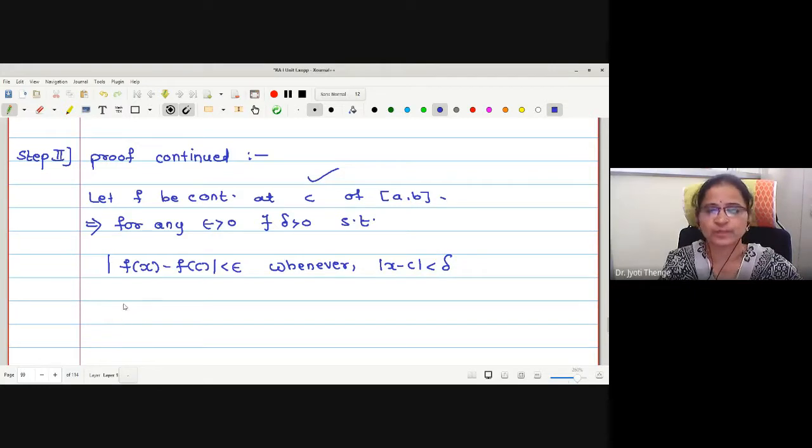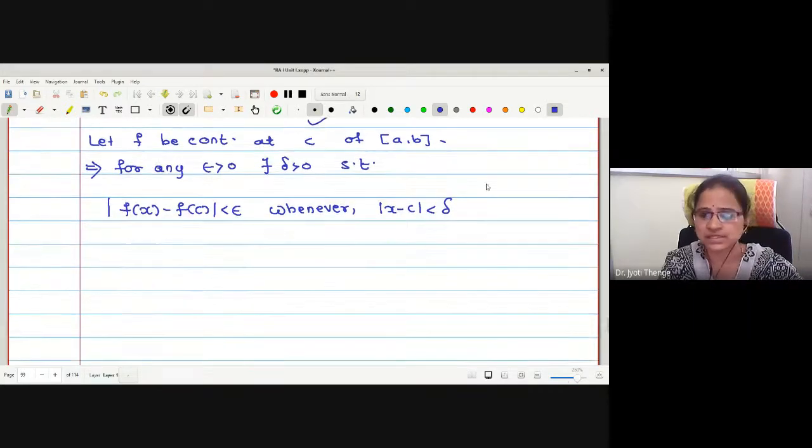Now looking at this point C, we were going to find the derivative at this point C. Let me just draw the sketch in order to understand. Somewhere here is a point C. Whenever I am saying mod of x minus c less than delta, what does this imply? Minus delta less than x minus c less than plus delta.